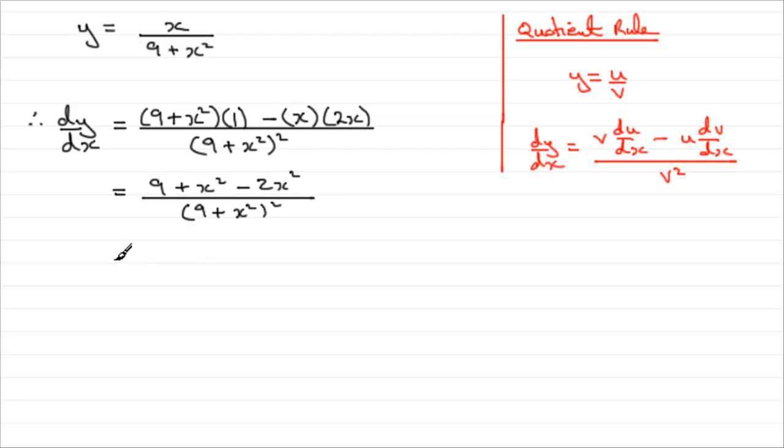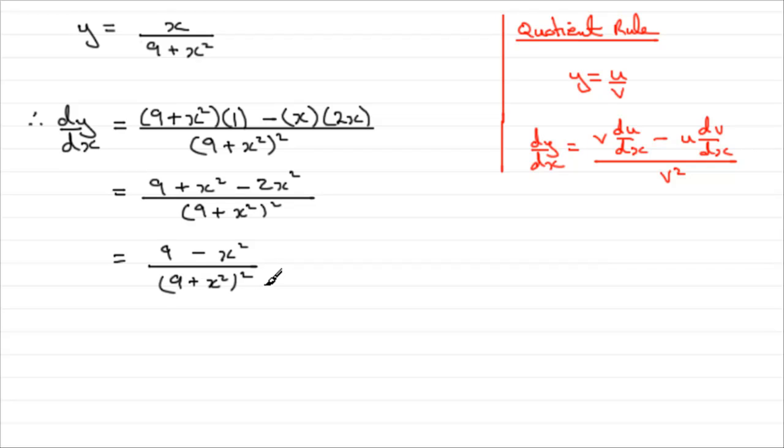Tidy up the top. 9 is what we've got there. And we've got x squared minus 2x squared, which is minus x squared. And that's all over our 9 plus x squared all squared. Never expand the bottom, by the way. You've just got one term there. Always leave it like that when you're using the quotient rule.